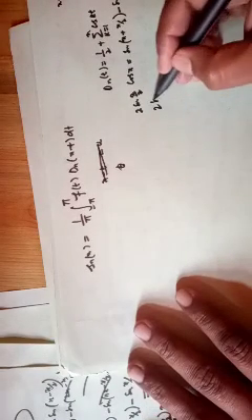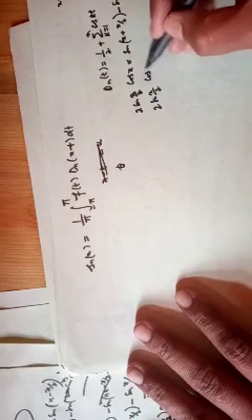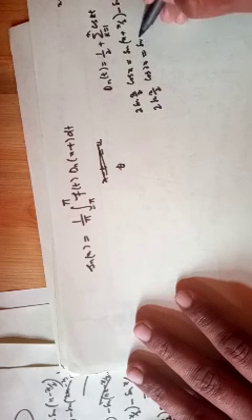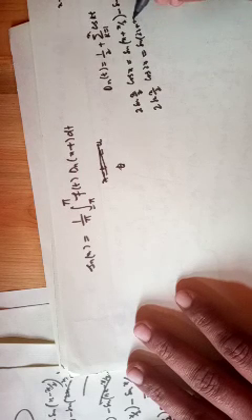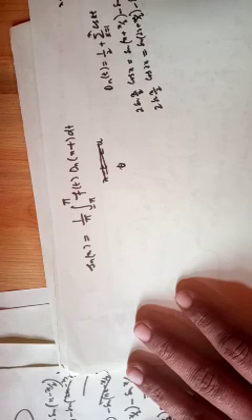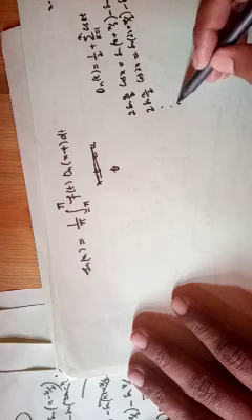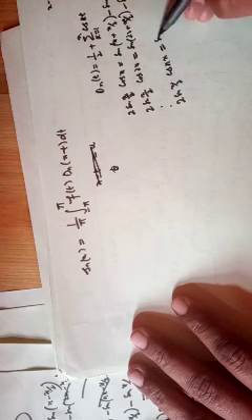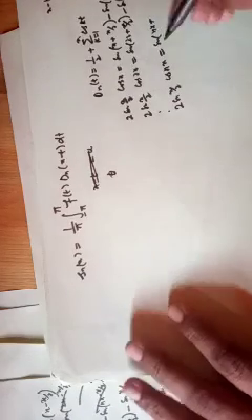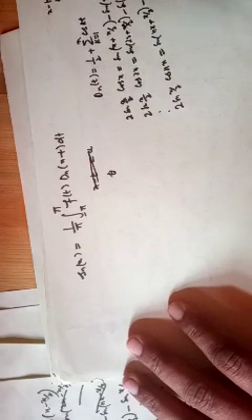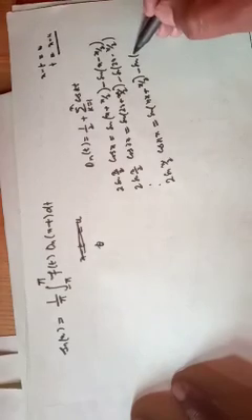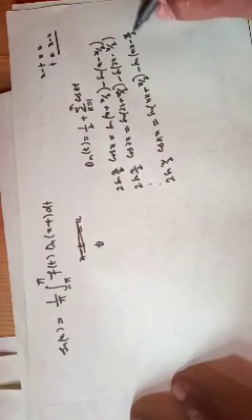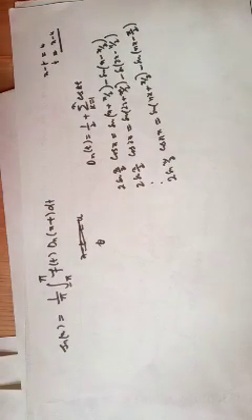Then twice sine x by 2 as it is into cos of 2x would be sine of 2x plus x by 2 minus sine of 2x minus x by 2, and you can go on and on. Then twice sine x by 2 cos nx, up to n, I would get sine of nx plus x by 2 minus sine of nx minus x by 2. We're just using the formula that twice sine a cos b is sine of a plus b minus sine of a minus b.